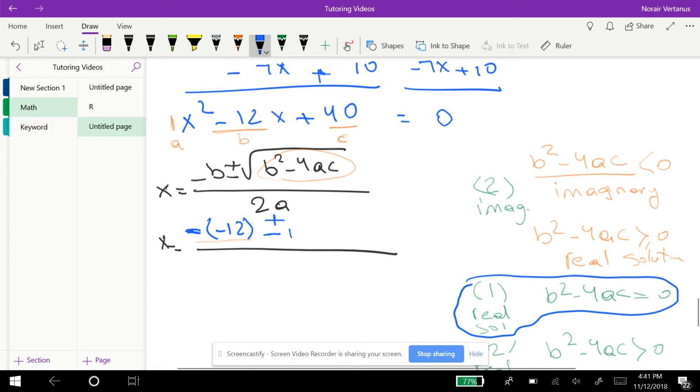So the discriminant is the radical of b squared minus 4ac. B squared is negative 12 squared minus 4ac. 4 times a is 1 times c. C is equal to 40. Over 2a. 2 times a is 1, so 2 times 1.